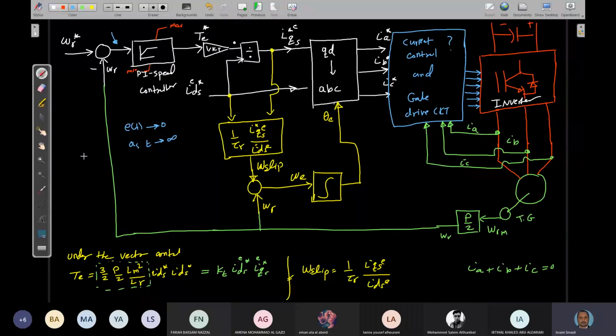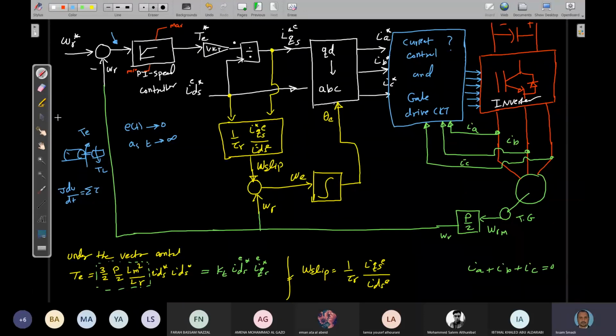Why? If you have a machine connected to a mechanical system, this one is TL, and in order to rotate the machine at a certain speed, I need TE. According to the swing equation, J d omega by dt must equal the summation of the torques.